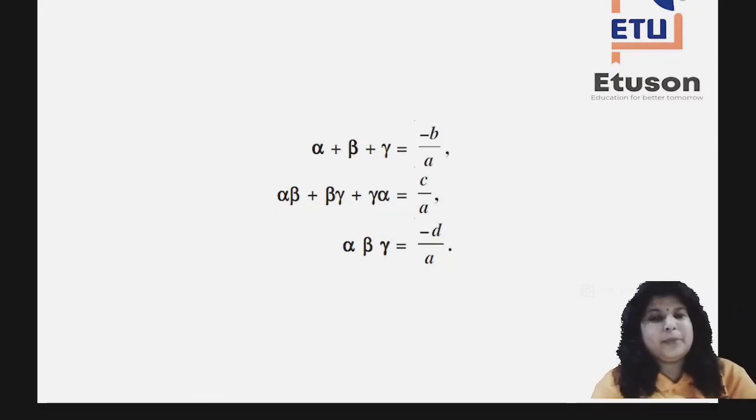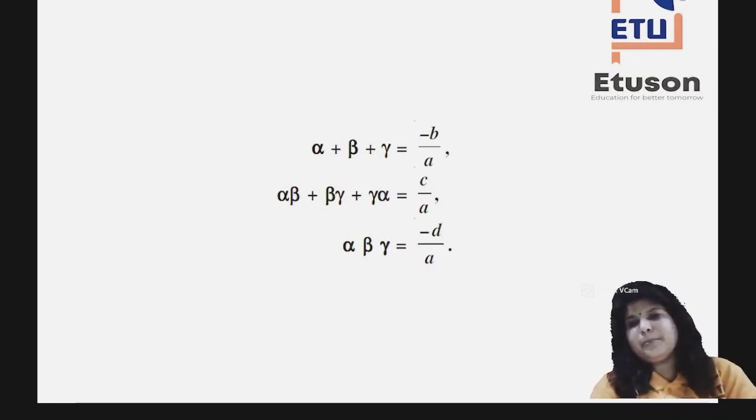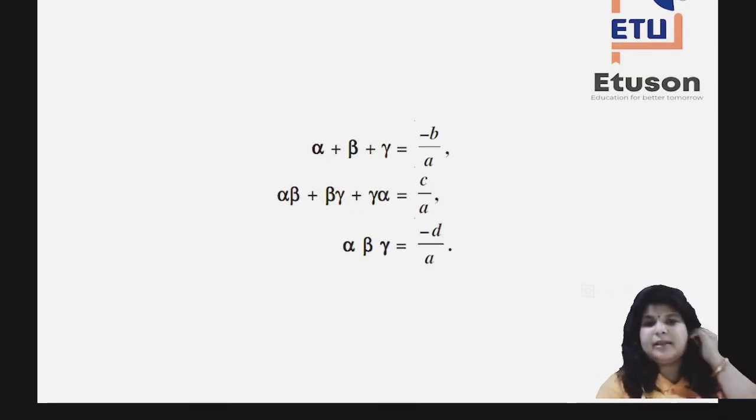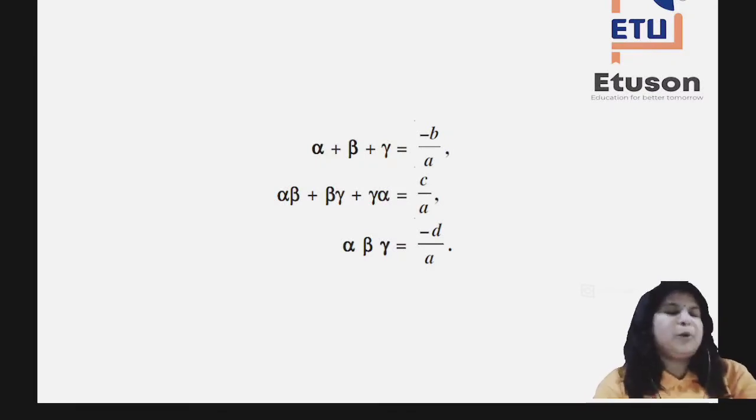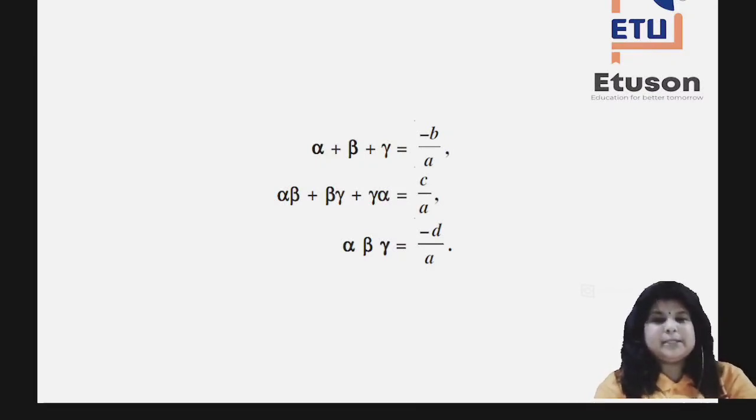So now let us know the formula for a cubic polynomial. I am not solving the problem or the derivation part of the cubic polynomial by taking an example, because you need to remember it, and from the exam point of view it is not there. Just for your information I am giving you this. If it is a cubic polynomial, then alpha plus beta plus gamma is equal to minus b by a. Alpha beta plus beta gamma plus gamma alpha is equal to c by a.